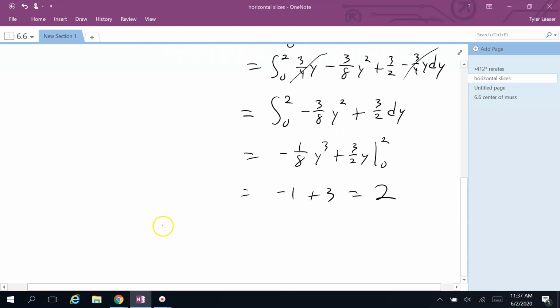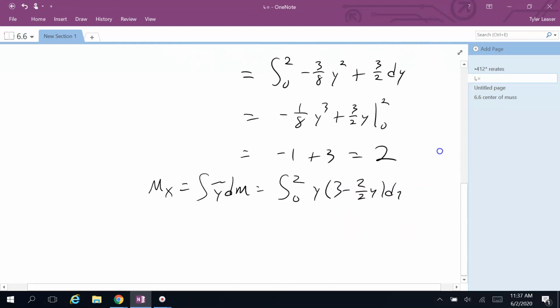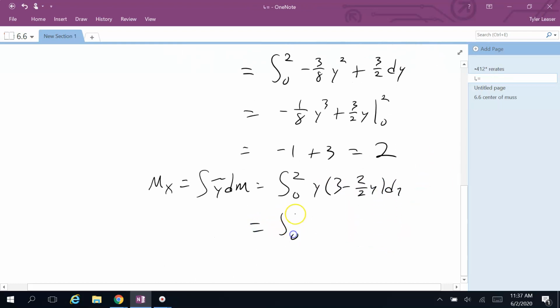We still need to do the moment about the x-axis. That would be the integral over y wiggle dm. I'm just going to do this one fast because this video is already getting kind of long. So this is still the integral from 0 to 2. Remember, y wiggle was just y, where my dm was that 3 minus 3/2 y dy. Distributing the y into there, we get 3y minus, this was 3/2, right?